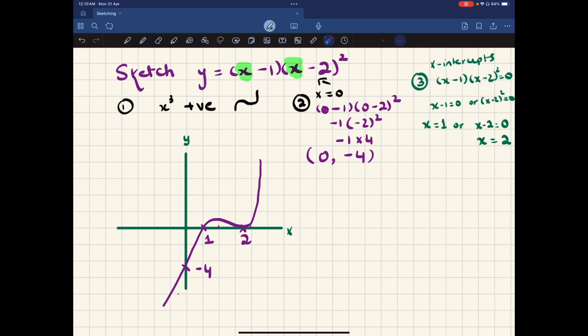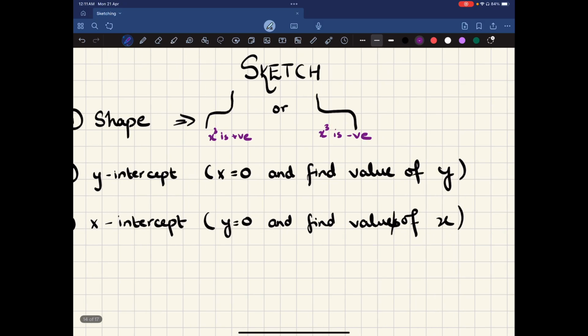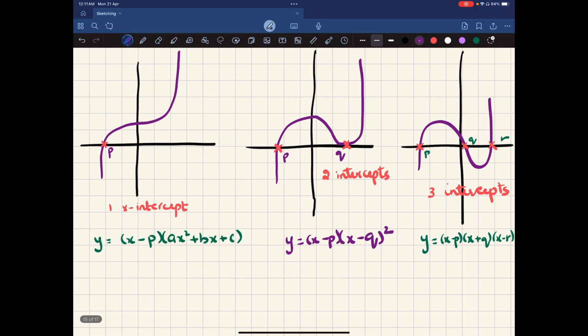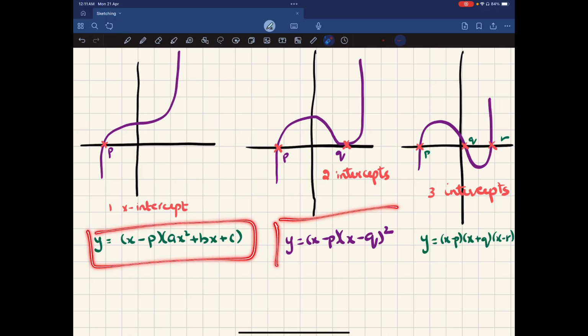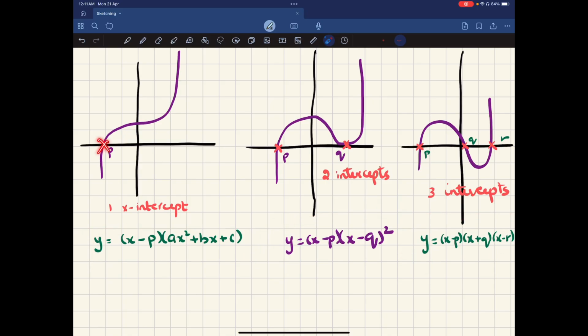And once you place the numbers, there's no ambiguity left. And you also have to label this. So a cubic function is not a difficult function to sketch. You just need to memorize the shapes and then follow these 3 steps. I would also recommend that you keep these general forms in mind, as it would help you identify the number of roots that your cubic graph is going to have.